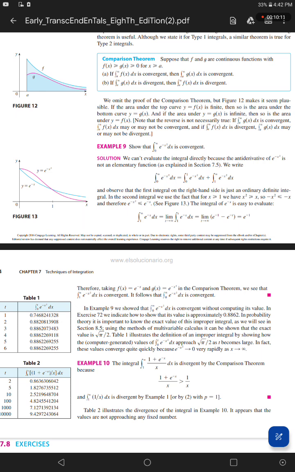It follows that the integral from 0 to infinity of e to the power negative x squared is convergent.